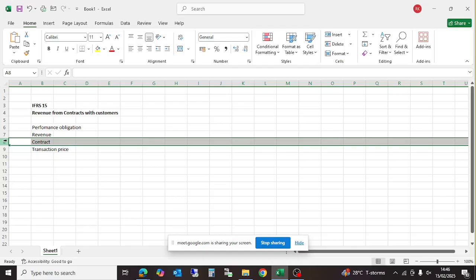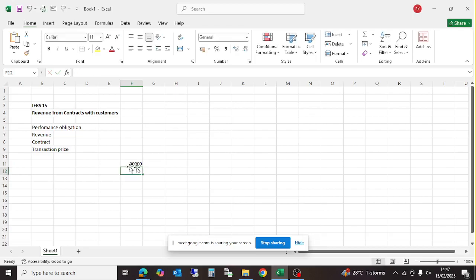Like for instance, let's say we bring an example. We have two people. We have a customer and we have a supplier. The customer wants 200 bags of cement at 150 kwacha each.